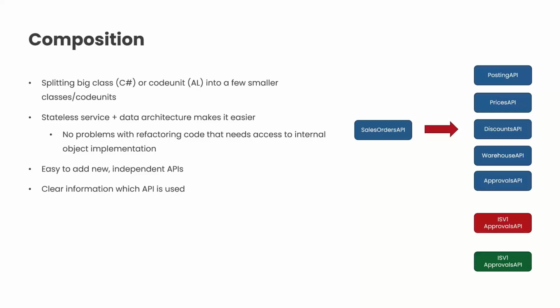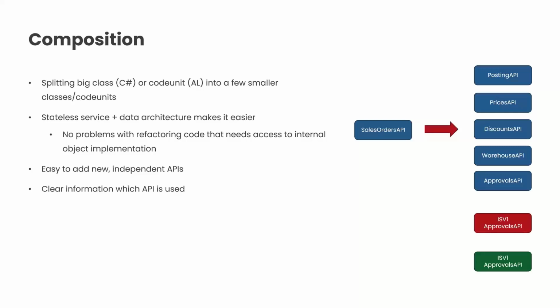If everything ends up as a function in the table through table extensions, for example, then yes, you have all methods in the table, but you really don't know which one is provided by which ISV, or if it's standard, you may not be able to see it.